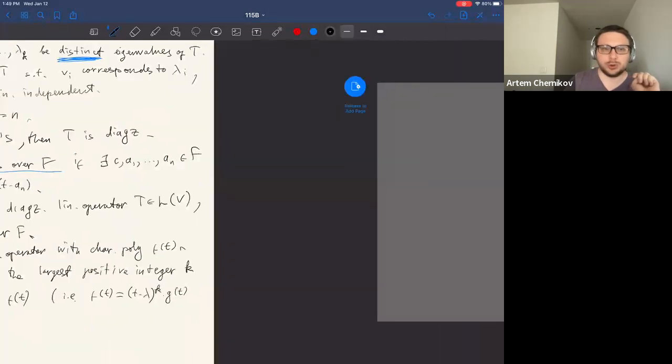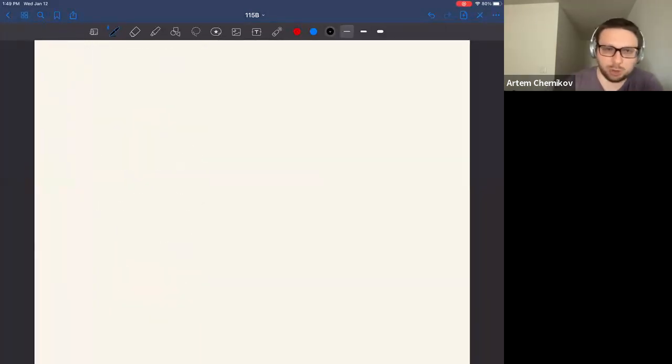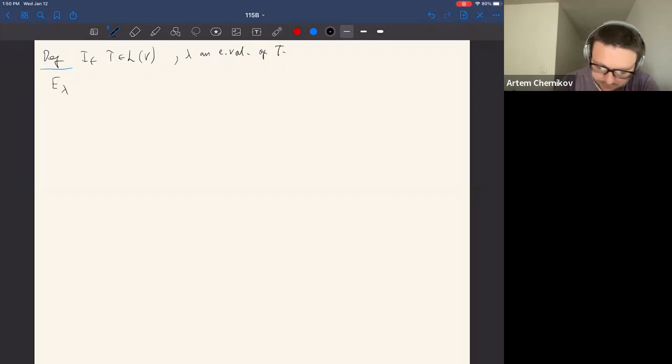And to conclude, let me define one last important thing: the eigenspaces. If T is a linear operator on V and lambda is an eigenvalue of T, then we define E lambda, called the eigenspace of T corresponding to the eigenvalue lambda.